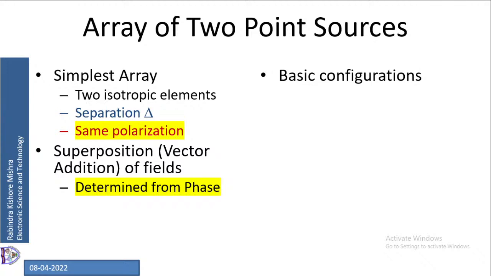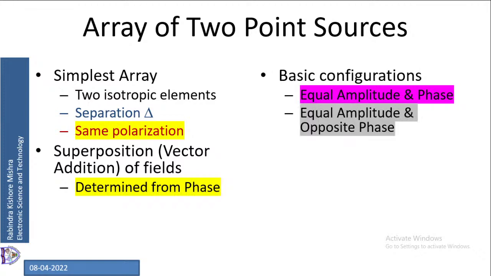Let us consider the basic configurations. Both the elements will have the same amplitude and the same phase. That is one consideration. Then they will have equal amplitude and opposite phase. Amplitude means the current that is exciting, the value of the excitation current or excitation voltage.